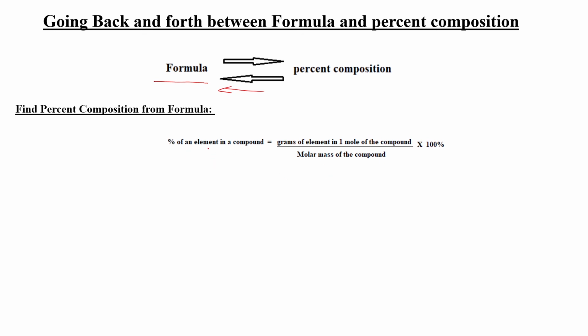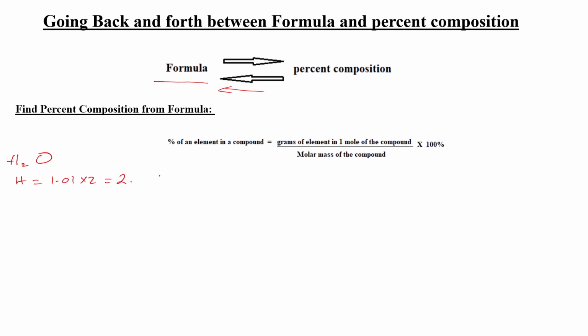Percent of an element in a compound equals grams of element in 1 mole of the compound divided by molar mass of the compound, multiplied by 100. We can quickly take a look at this with the example of water. In water, hydrogen is 1.01 times 2.